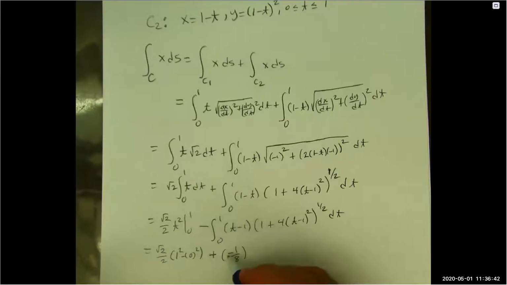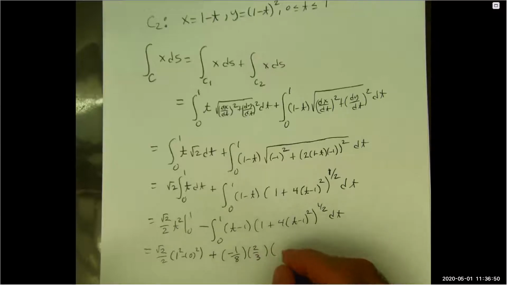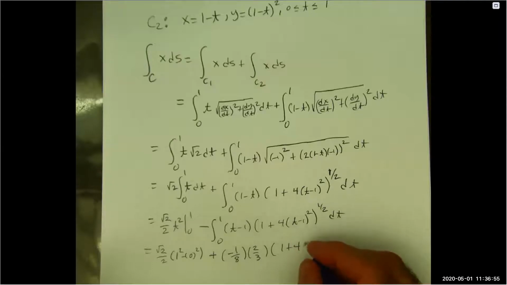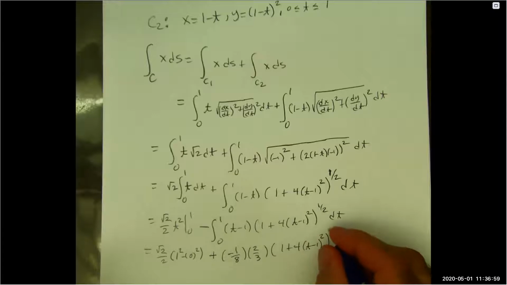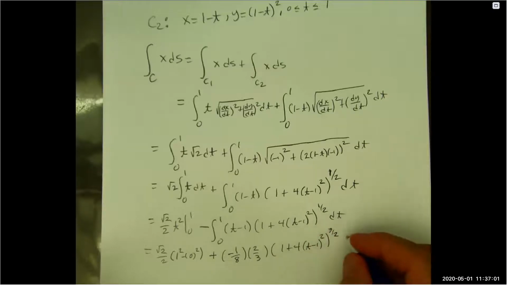The minus being from this one. And then we're going to have 2/3 times 1 plus 4 times (t minus 1) squared to the power of 3 over 2. And then we're evaluating that from 0 to 1.